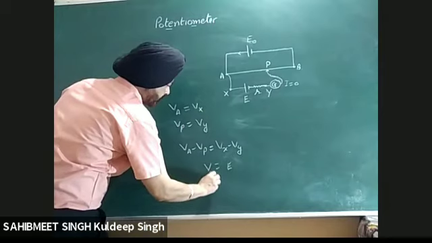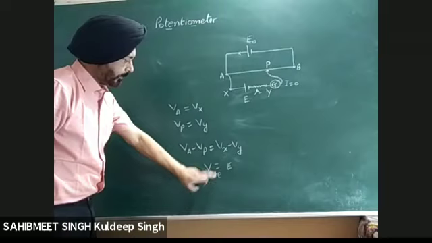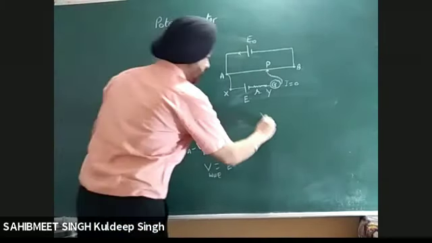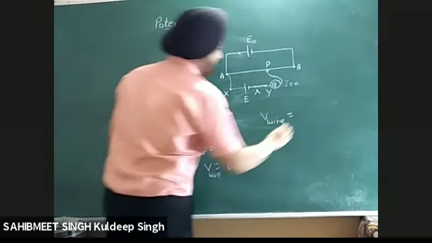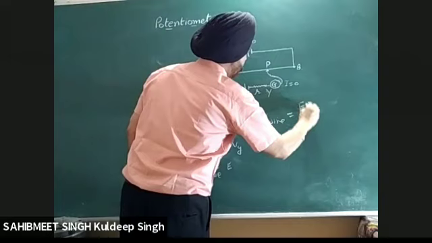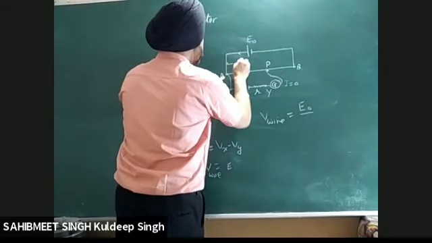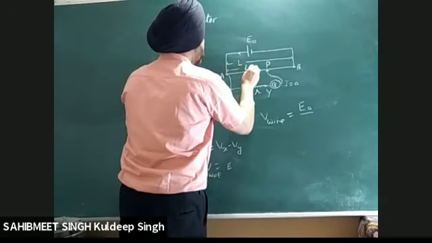In this way, we can find out the potential difference across this wire. This is the potential difference across the wire, and that is equal to the EMF of this cell. Now, what is the potential difference across the wire? Already I have told you, it is equal to the potential gradient, that is E naught by the total length. Say the total length is L, and this length is small l.